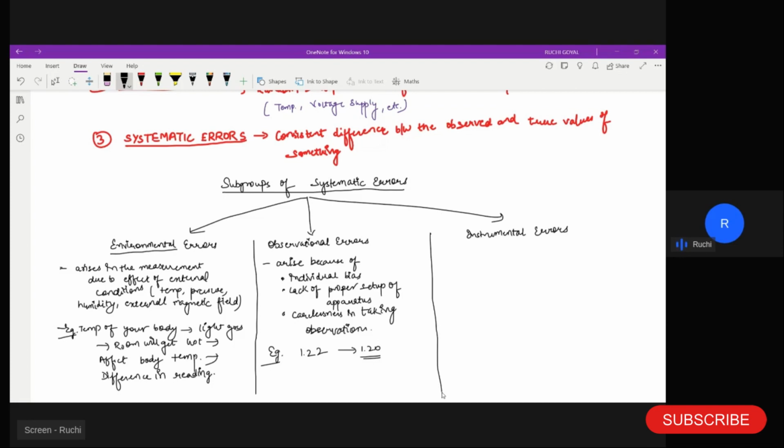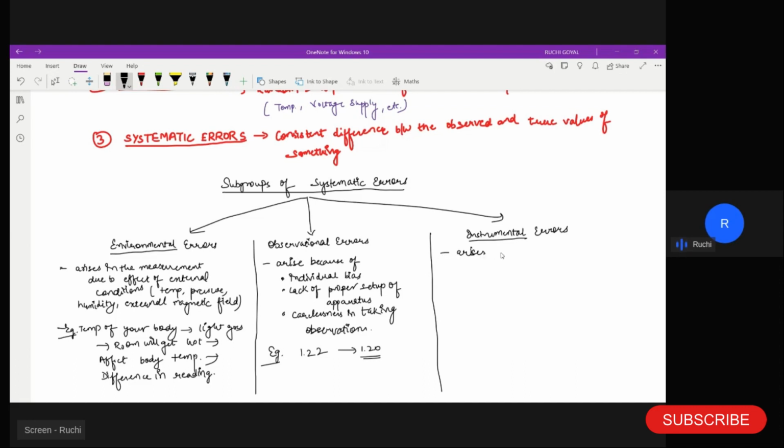Next is the third type of error, instrumental errors. As the name suggests, instrumental errors are the errors which arise due to constructional issues of instruments. Suppose an instrument has some constructional errors or calibration issues, then errors arise.